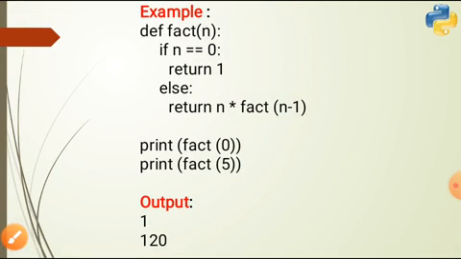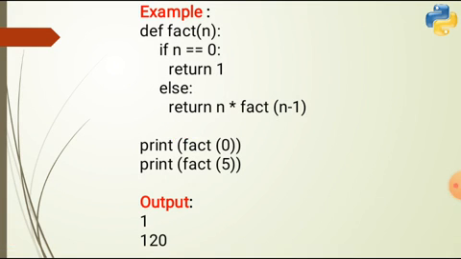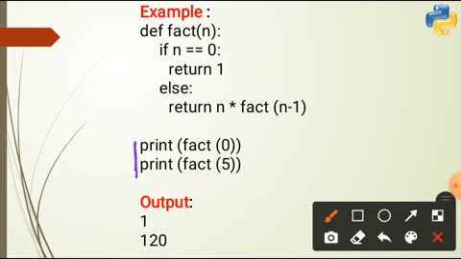Next, there is a small example given in your book, but please make a note of it. Kindly note this: these two statements are mentioned wrongly in our book. Kindly correct them. Though these two print statements are written indented, they should come out of the indentation.